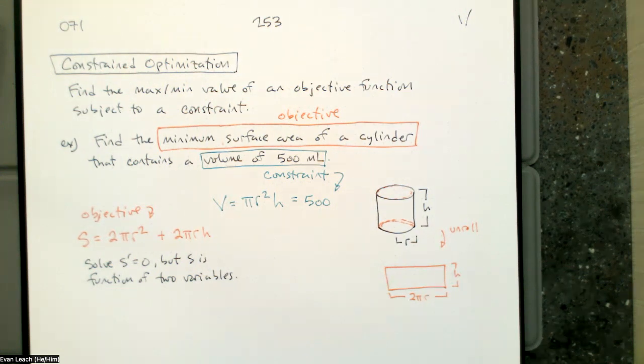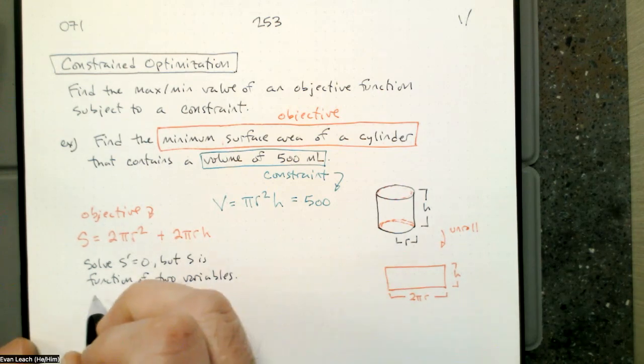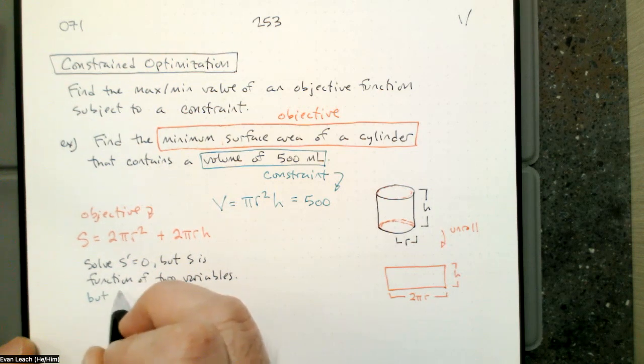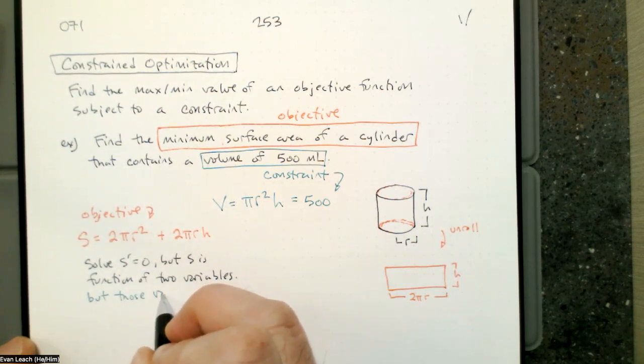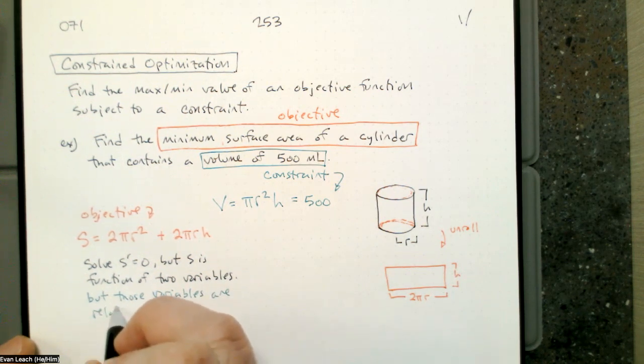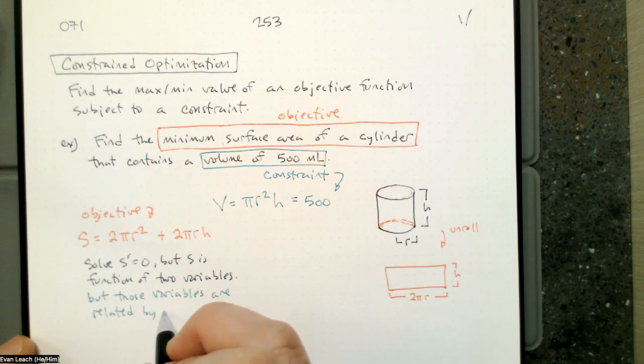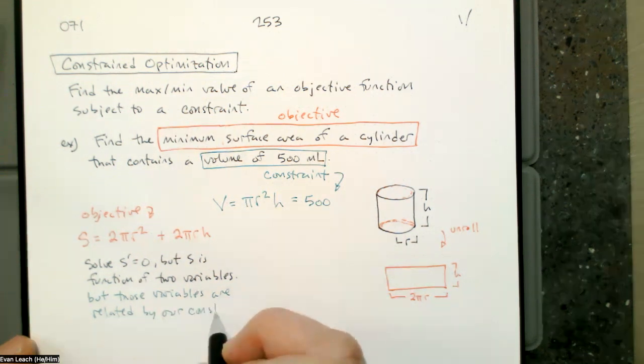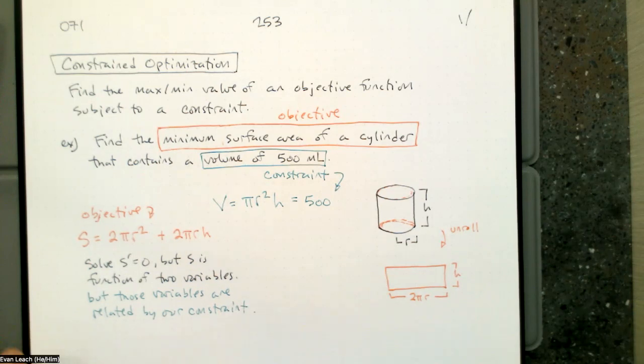But our function has two variables, r and h. So we are subject to this constraint. This is where we get a relationship between r and h. We want to take a derivative, set it equal to 0, and solve.